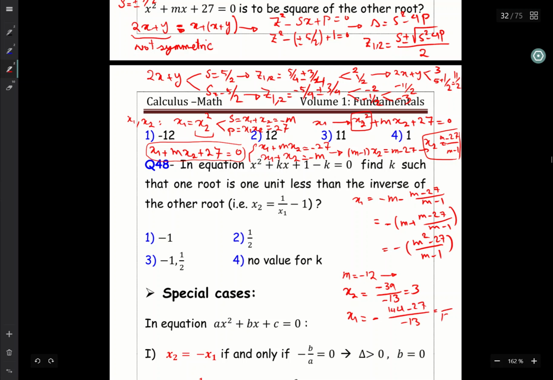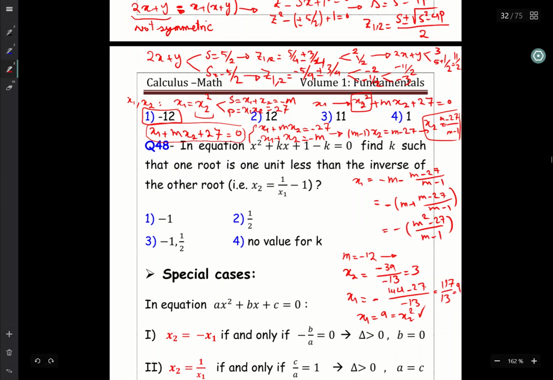So we end up with 9. So x1 becomes 9, which is x2 squared. Therefore, m should be negative 12. Okay, first choice. We could solve it. It becomes a cubic equation in terms of m, but we could just easily substitute the choices there.